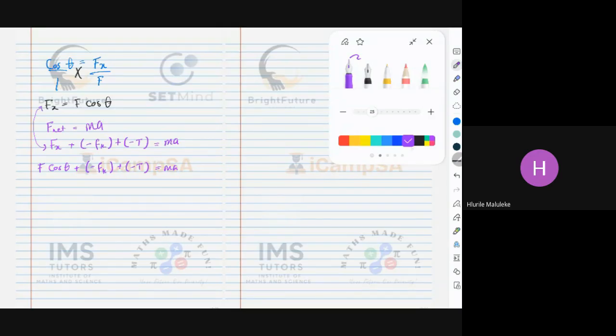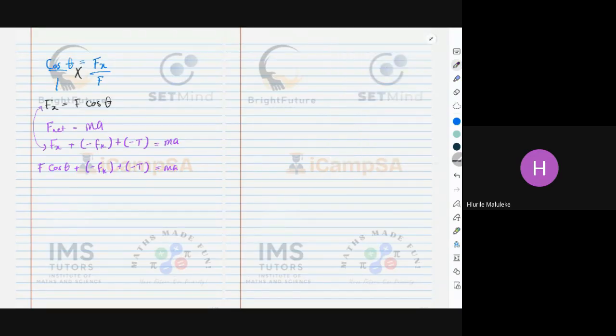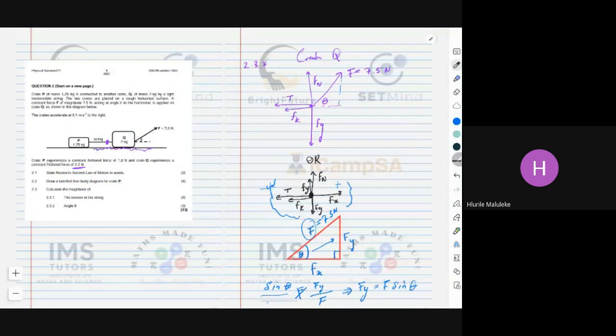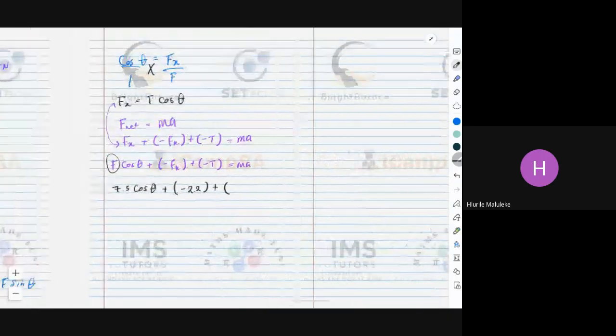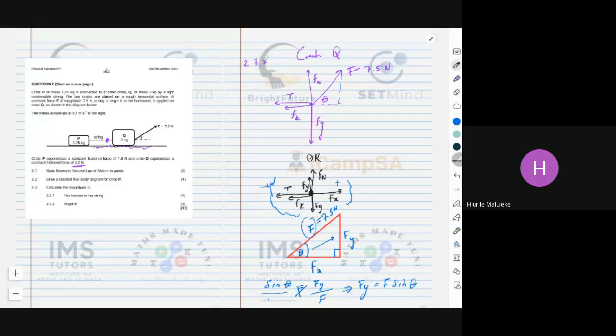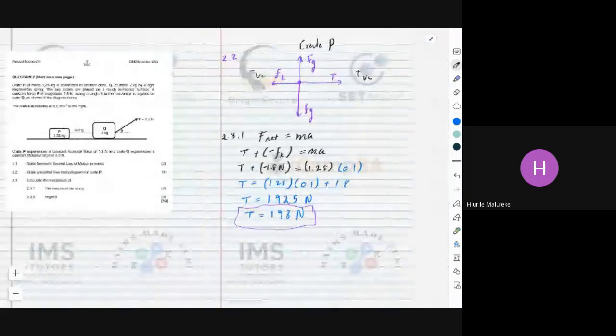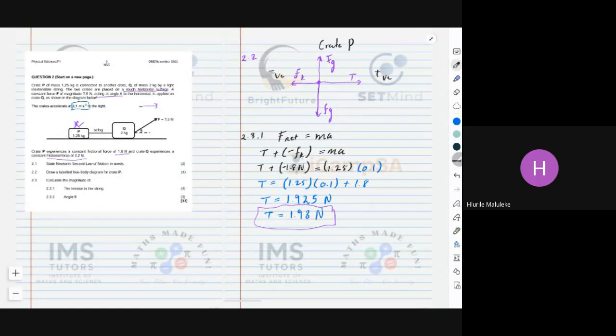So we can get it. Let's see. So this here is 7.5, right? So we're going to have 7.5 cos theta plus our Fk, which is 2.2, which is this one here, 2.2, plus our tension. What is our tension? We calculated it here. This is our tension, 1.93.